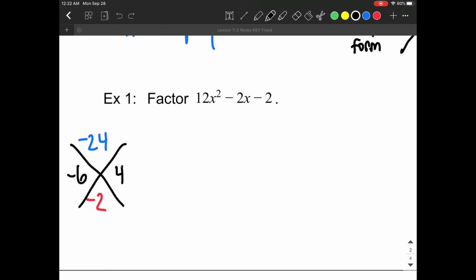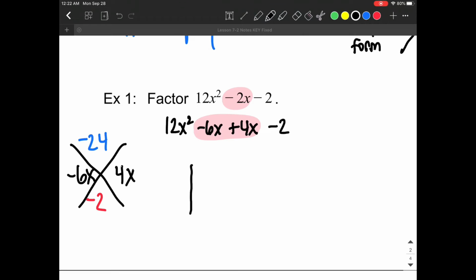So I know I still have the 12x squared at the front and the negative 2 at the end, but this negative 2x, I'm going to rewrite it as negative 6x plus 4x. From there, I can do my area square. Our area square has 4 boxes. Now we're going to go backwards from what we normally do.